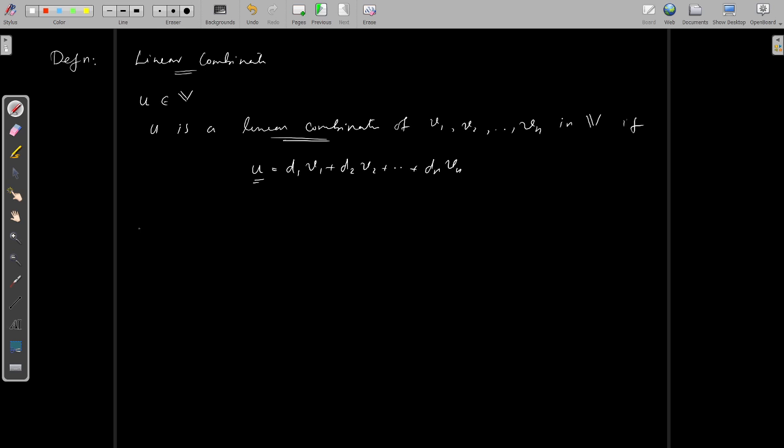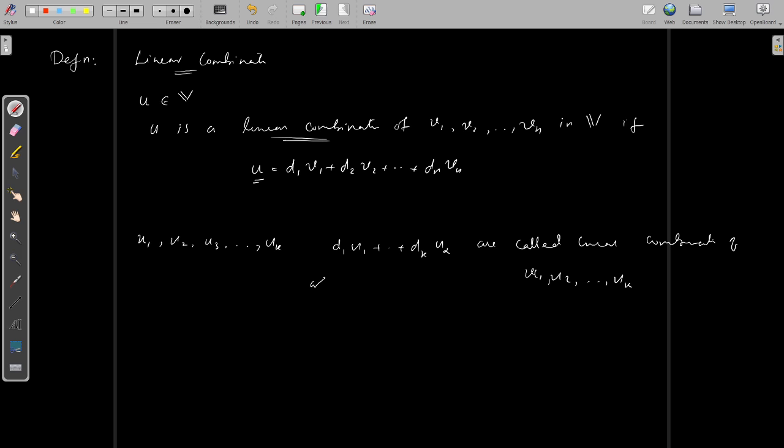So, given any k vectors u1, u2, etc., uk, the expression d1 times u1 plus etc. plus dk times uk is called a linear combination of the vectors u1, u2, etc., uk.